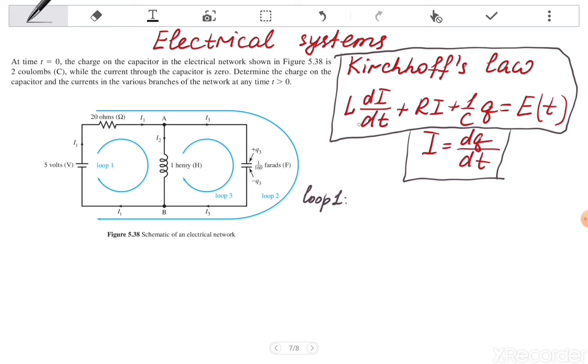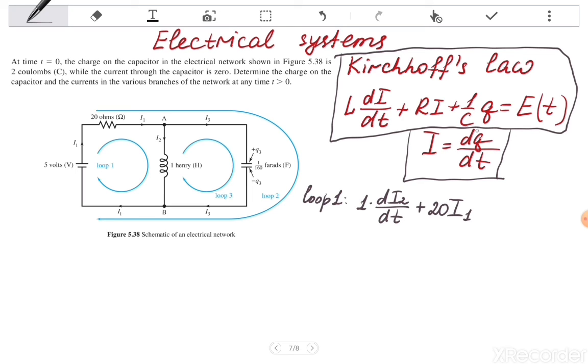Let's substitute these things into this law. First we get the inductor term: 1 times di/dt, and here the current is I2, so dI2 over dt, plus R, which is given as 20, and the current through this resistor is I1, so times I1.